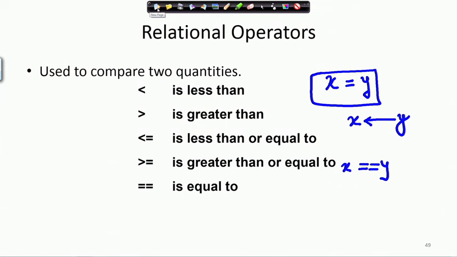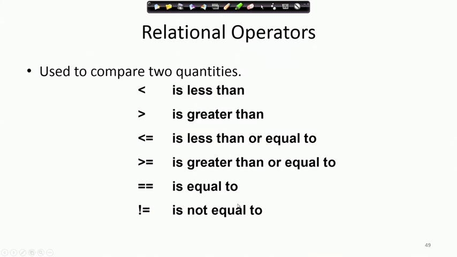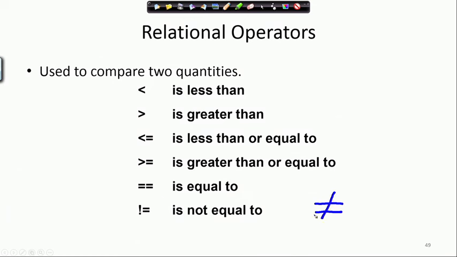We will come to this in a moment. There is another operator that is not equal to. Again, let us compare to what we had in school. We used to write something like this. In C, we have to write it with this exclamation mark followed by equality. This means it is not equal to. All right.